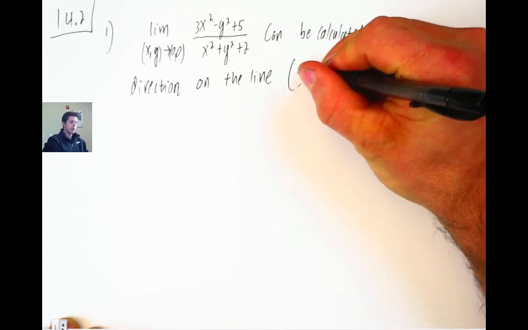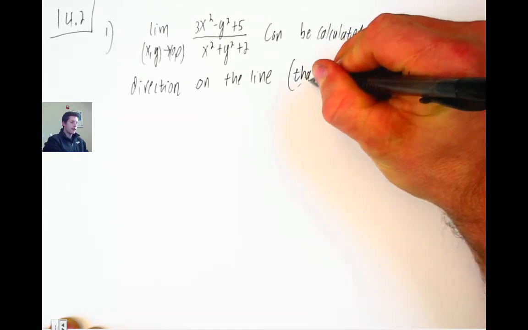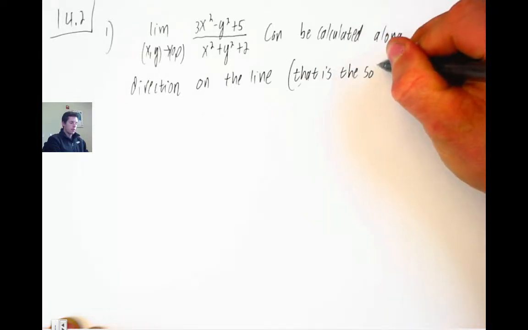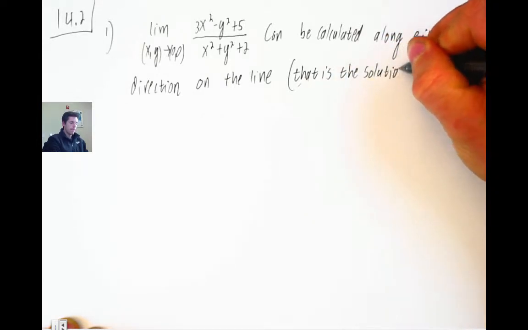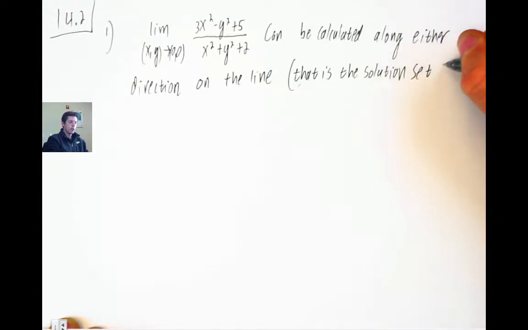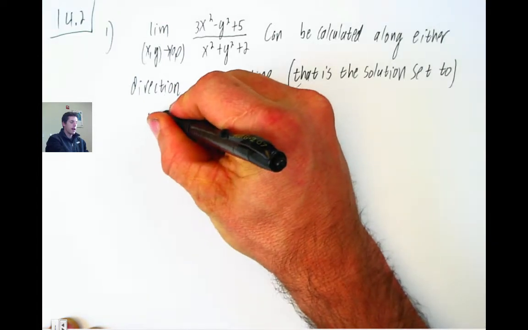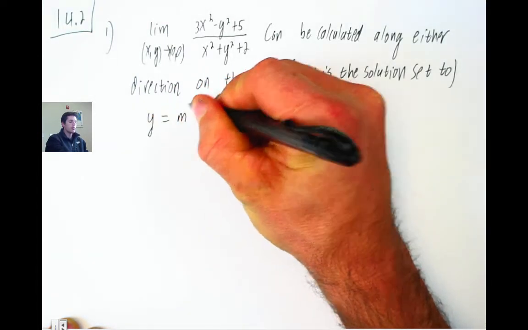I'm just going to put this in parentheses one time. That is the solution set to... Okay, and I need an algebraic equation whose solution set is a line that passes through (0, 0), and I want it to have arbitrary slope.